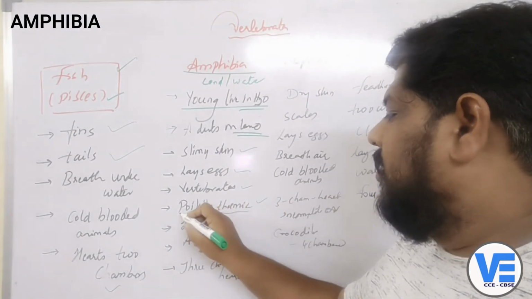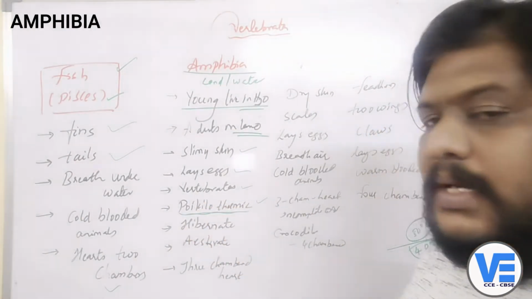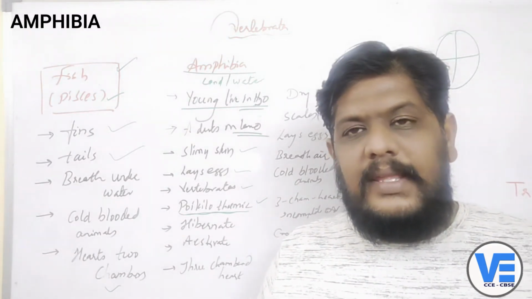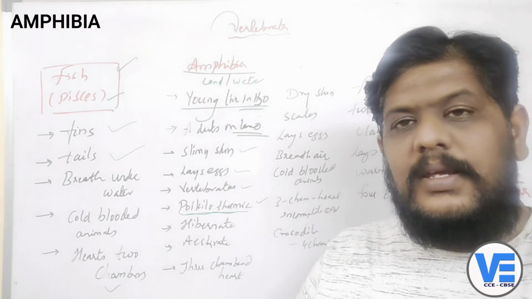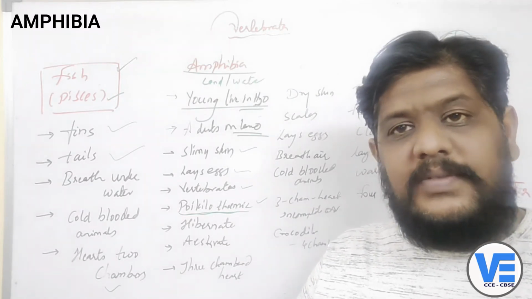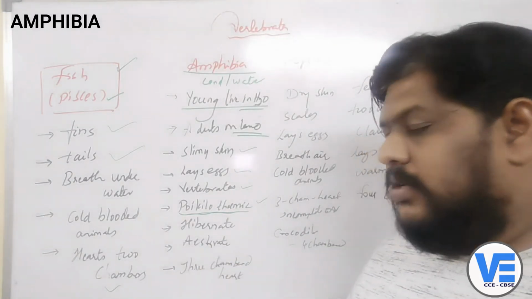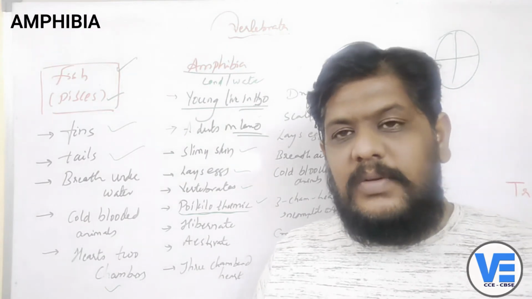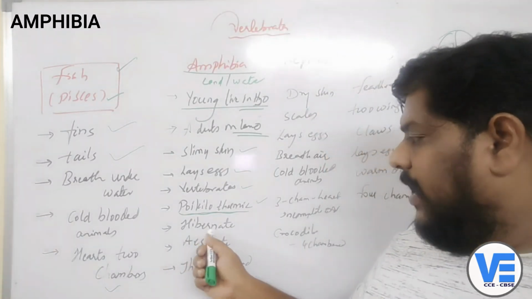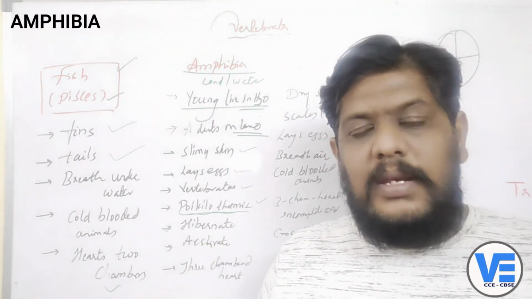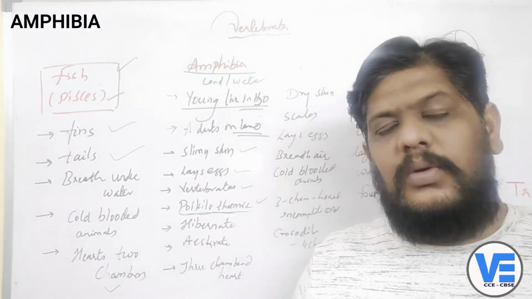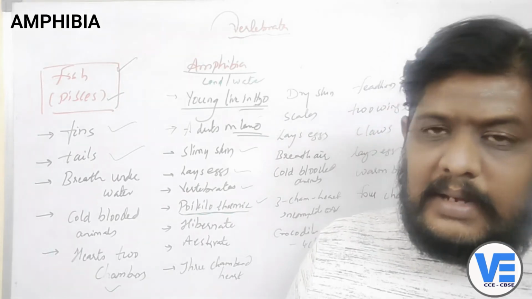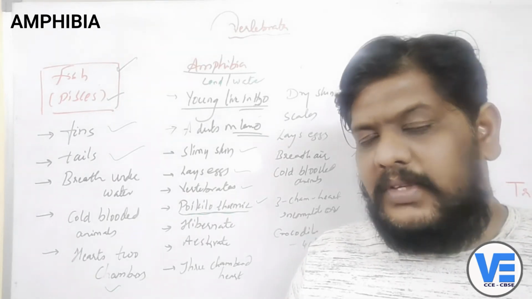What are they called? Poikilothermic animals. Next, they have a special characteristic feature, that is hibernation. And the next feature is estivation. When you come to hibernation, there are some animals which go into a deep winter sleep, which can be around 6 months or 3 to 4 months.